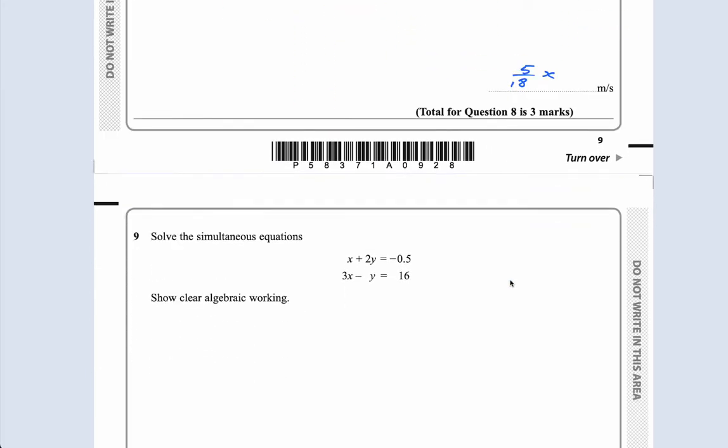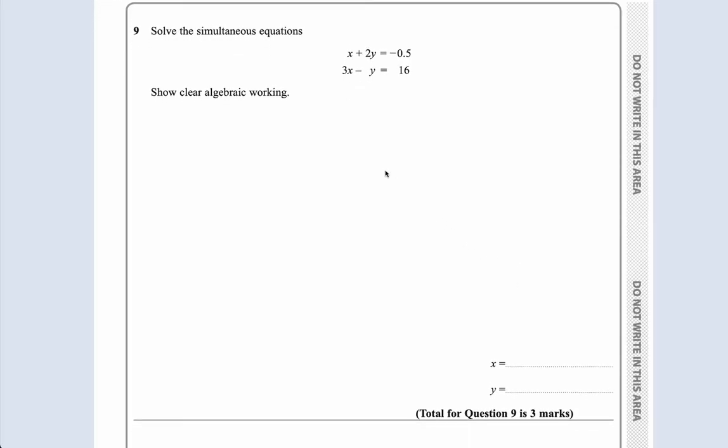Okay, question 9. Solve the simultaneous equation. So hopefully, guys, you've seen many of these and practiced many of these. It shouldn't be that difficult. I'm going to multiply this one by 2. If I multiply this one by 2, I'll get my y's the same. So x plus 2y equals negative 0.5.